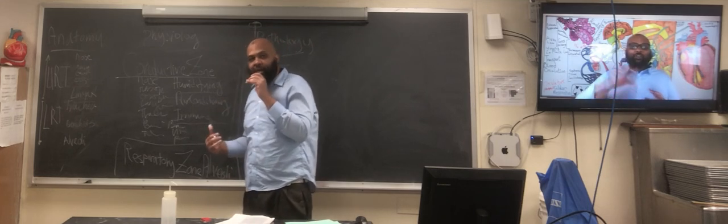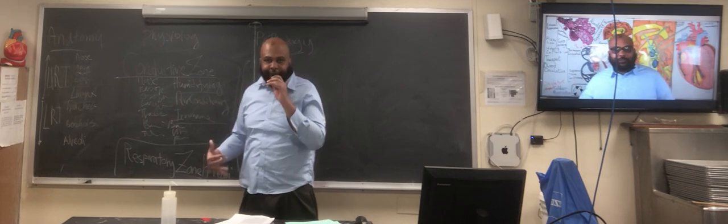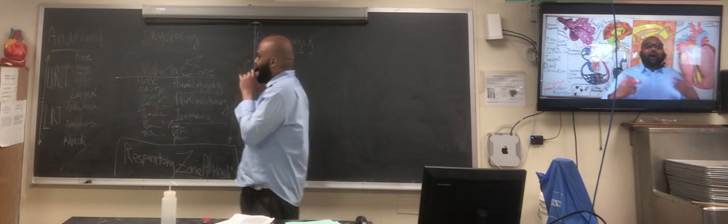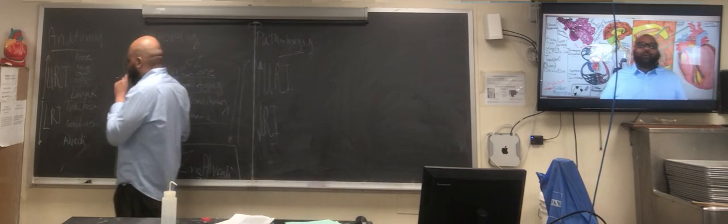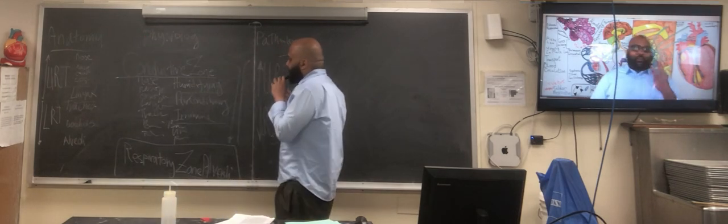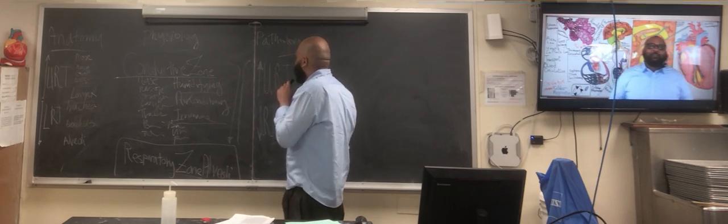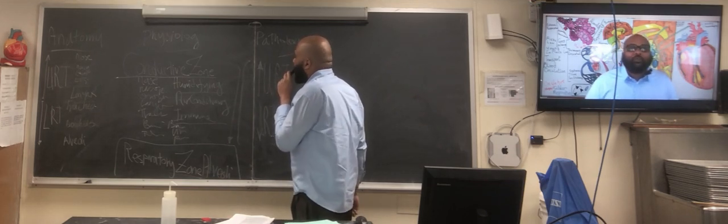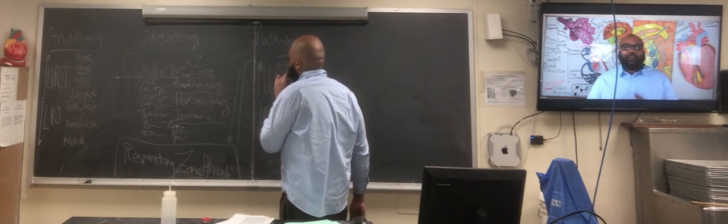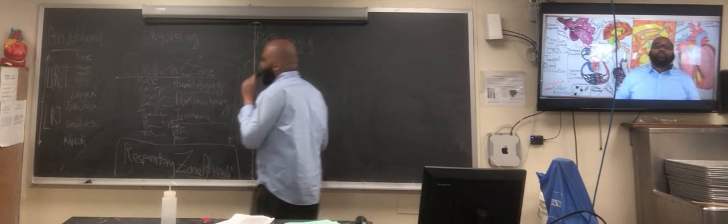The foreign bodies, nickels, dimes, are more likely to fall and be displaced and locate in the right side of the lung. So I can have a defect in my upper respiratory tract and a defect in the lower respiratory tract. I can also have a defect in my conducting zone. I can have a problem with the conduction, because I know that when we are smoking, that smoke can damage.